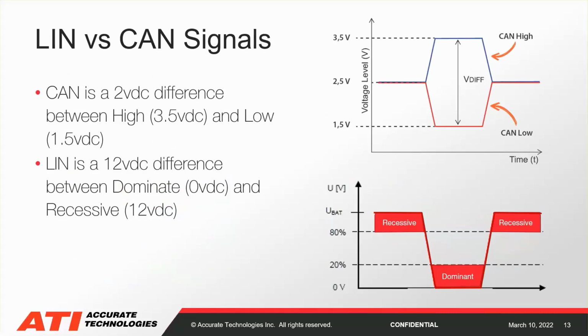Here we see an example of how the LIN and CAN messages look on an oscilloscope, where CAN is a 2-volt differential signal between CAN high and CAN low. LIN is a single wire that is driven either to 0 and bus voltage, where below 20% of the reference voltage is dominant and above 80% is recessive in its bit configuration.